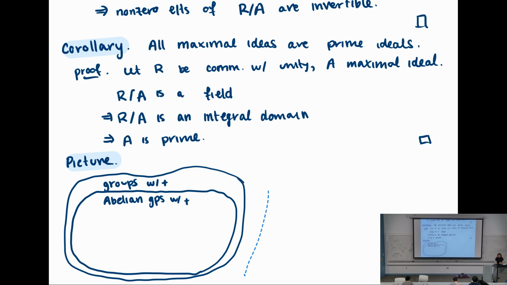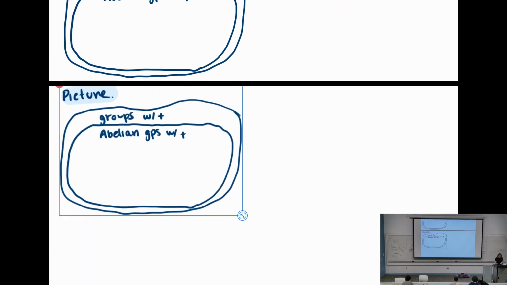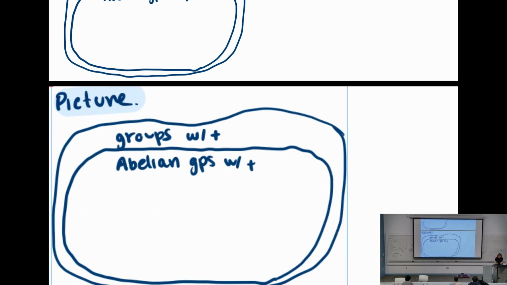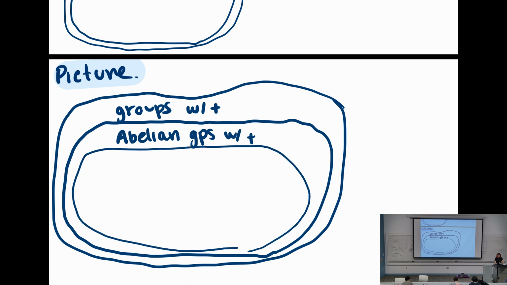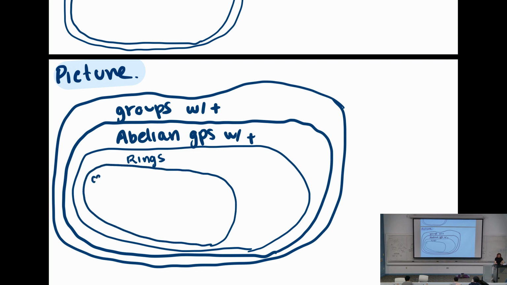I don't think I made myself enough space for this picture. I'm just going to move it. Okay, so then inside of that, we can add another operation called multiplication, and we get rings. And then within that, our rings can be commutative, or they can have unity, or they could be both. So these will be the commutative rings.